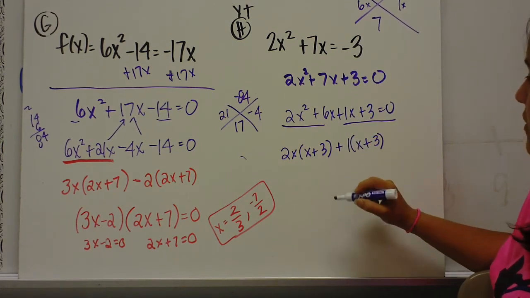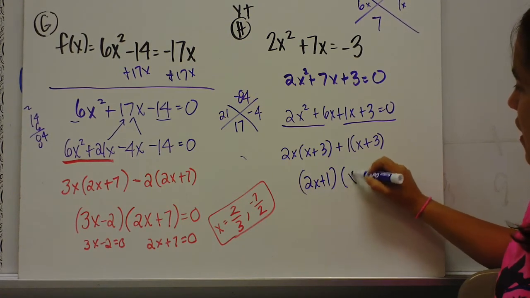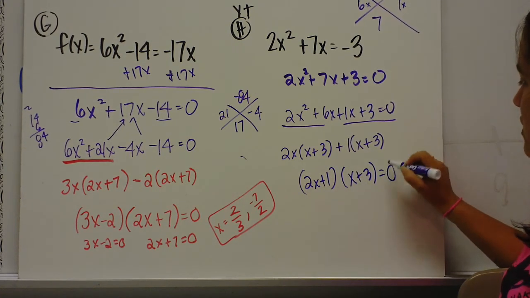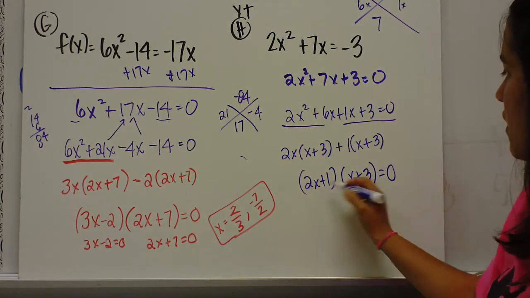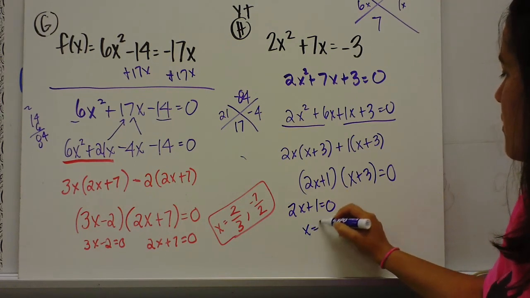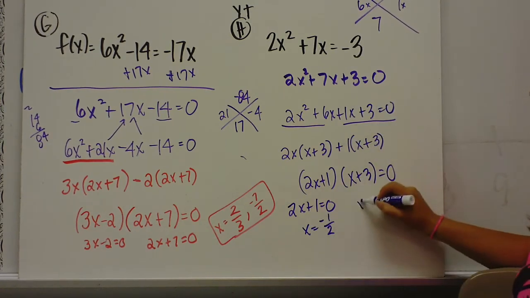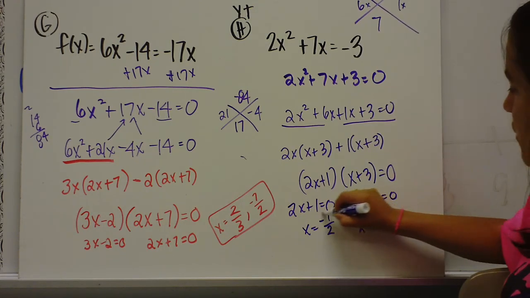That's like a 1 right there. So 2x plus 1, x plus 3 equals 0. I hope you're following along. 2x plus 1 equals 0. So x equals -1/2. x plus 3 equals 0. So x equals -3.